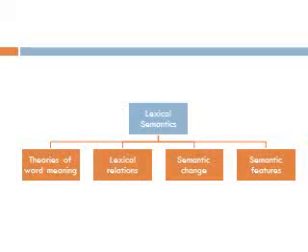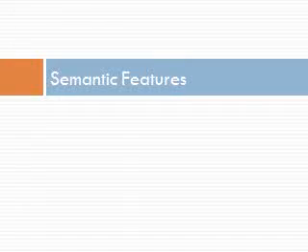Also in previous videos we discussed semantic change, the different types of semantic changes that individual words go through. And today we will conclude our discussion of lexical semantics with semantic features of individual words. So to start with defining semantic features, let's consider the following sentence.